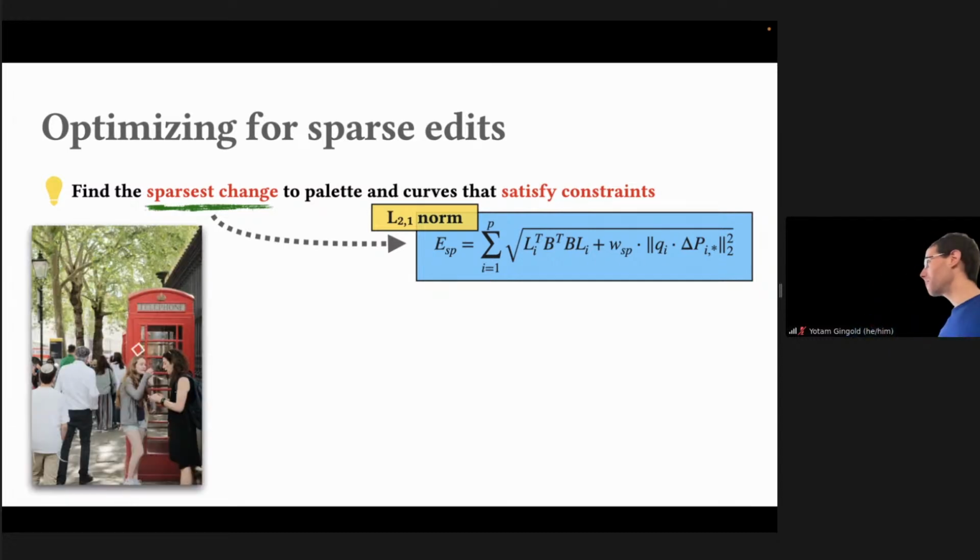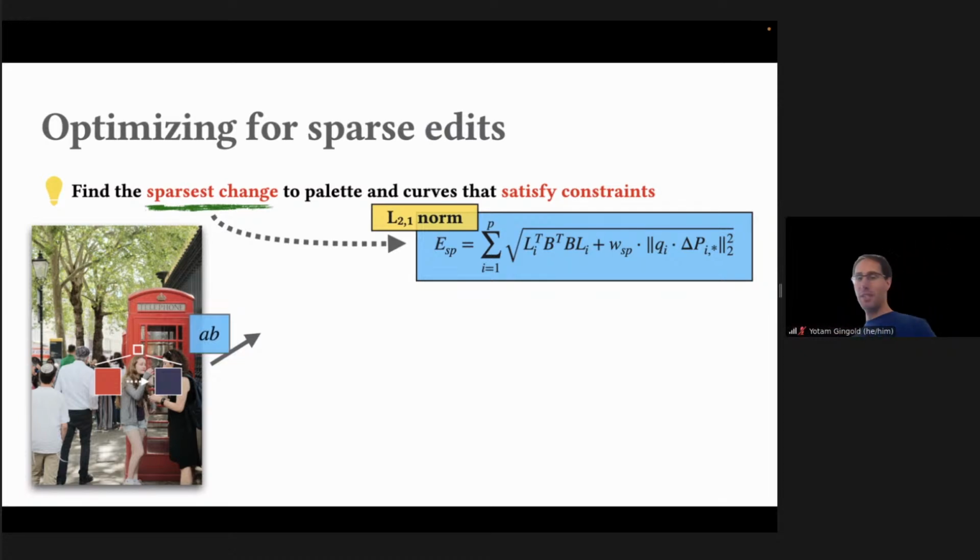And then we want to express the constraints that the user is placing. So the user's chosen a color, and they've said I want this red color to become this blue color, and so we have to express that in terms of the AB, so the colorfulness and the hue. And so that's another term that we can place.